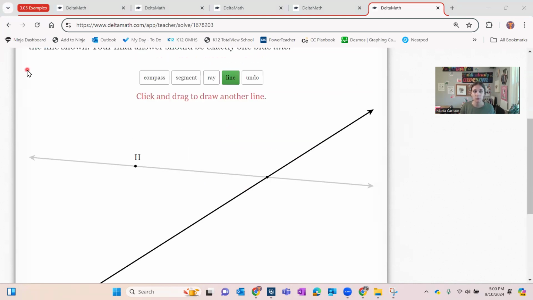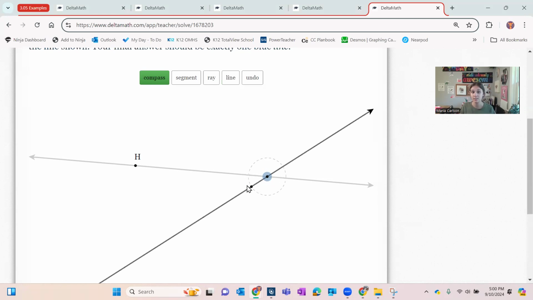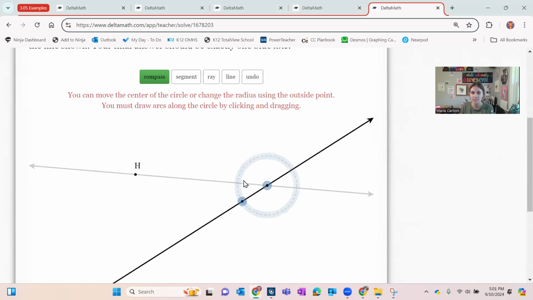So what I want to do is click on compass, and I'm going to set the center of my compass at this intersection point between the gray and the black line. And I want to essentially find an angle measure within that inside angle. So I'm going to set my compass to be any radius, and I will strike this inside arc here to represent this angle measure.